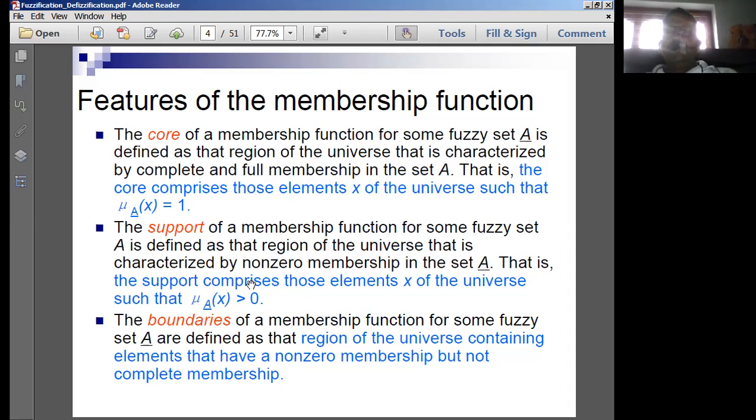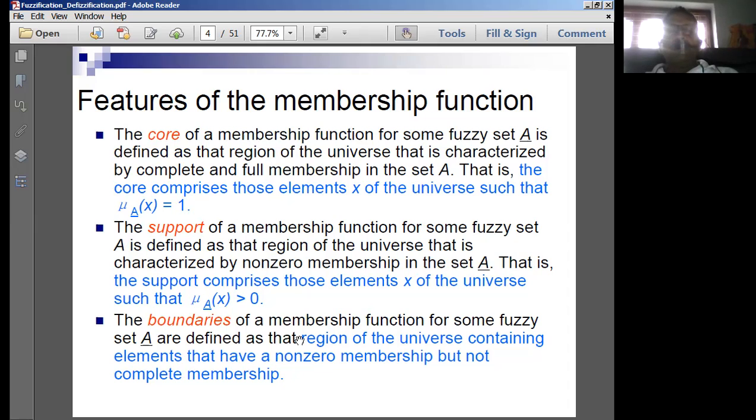That means the belongingness value in the fuzzy set, represented by the membership function mu A of x, where A is a fuzzy set and x is the generic value on the fuzzy set, is always greater than 0. That is what is called the support membership function.